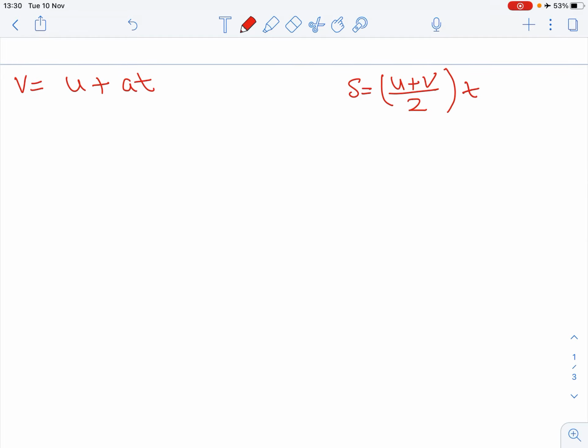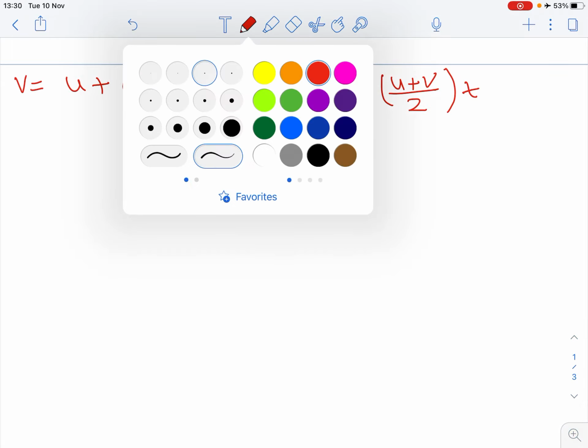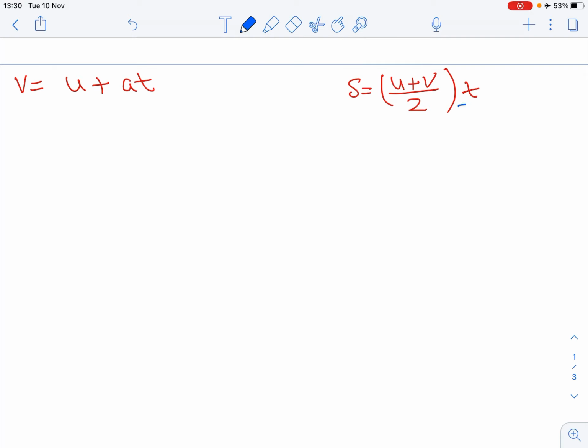However, if you want to find out the displacement but you are not given the time, so if you're not given the value of t but you want to find s, u, or v, you can rearrange your formula to find out.